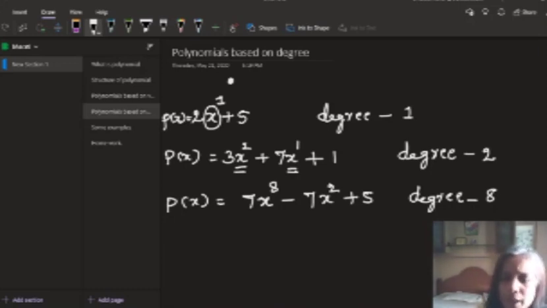So by one general conclusion we have understood that a variable which has the highest power among its friends contributes to the degree of the polynomial. So what is degree? Degree is the highest power of the variables in a polynomial.